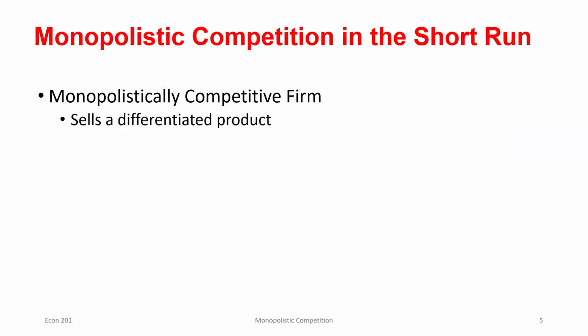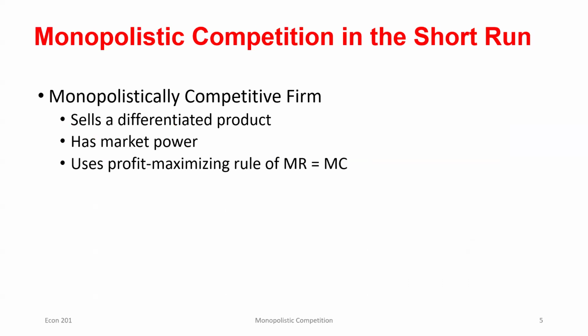What these monopolistically competitive markets will do is they've got some market power. So the way in which we solve these graphs or examples is going to be very similar to what we did for a monopolist. We'll mention why it is different, but at least the initial setup looks very similar. In any market, how do we choose the profit maximizing quantity? Where marginal revenue is equal to marginal cost.